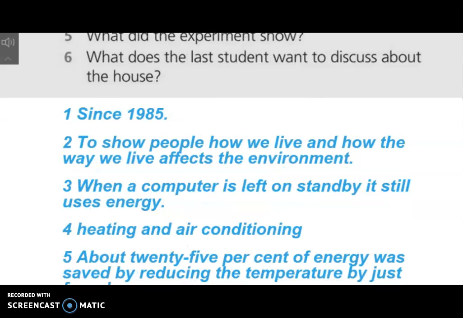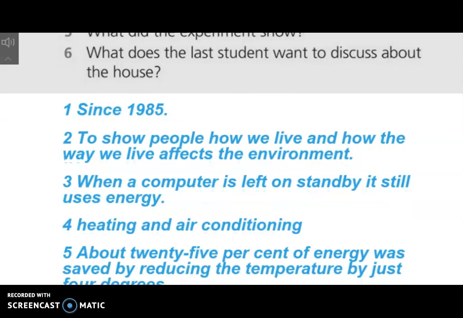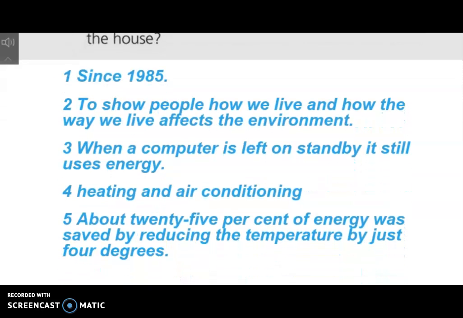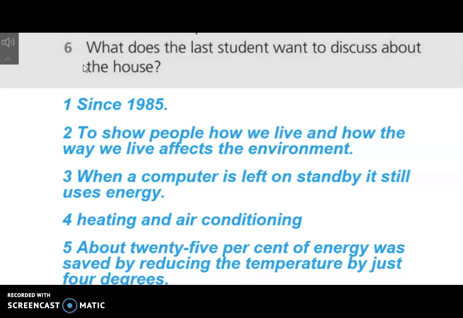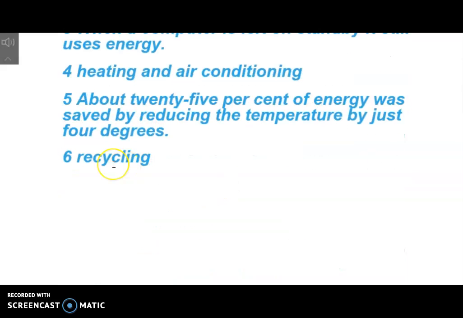About 25% of energy was saved by reducing the temperature by just 4 degrees. The last question is, what does the last student want to discuss about the house? So she wants to discuss recycling.